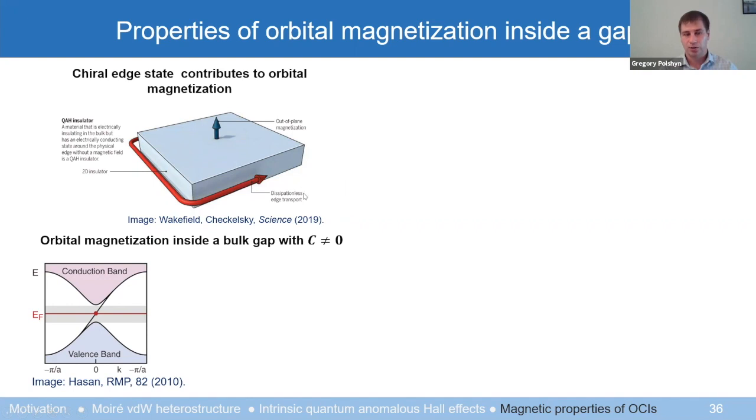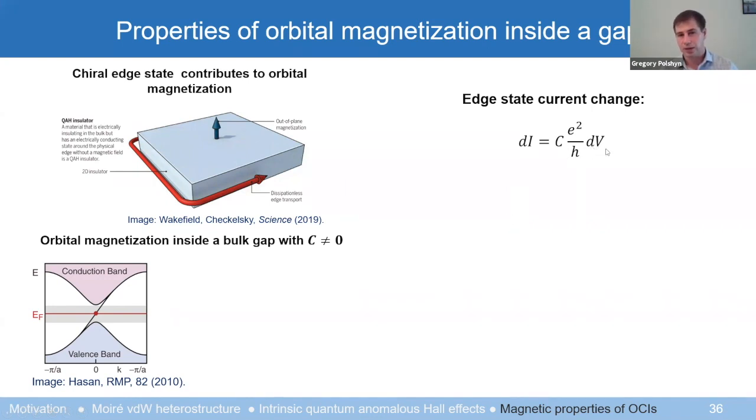What is the change of this edge state current? That is just given by the same equation which describes electronic transport in the quantum Hall regime. The change in current is proportional to the Chern number times the quantum of conductance times the change in electrical voltage.